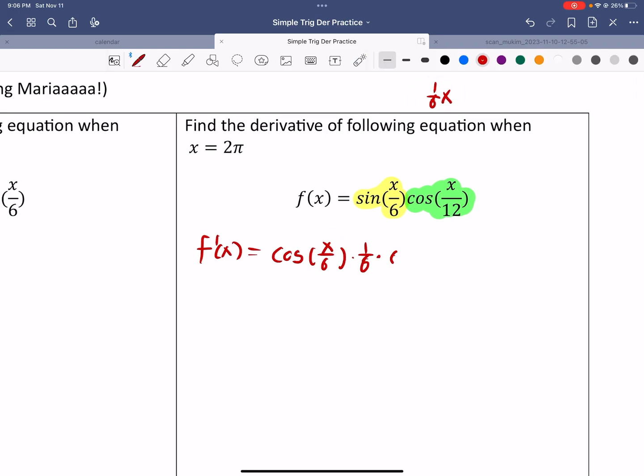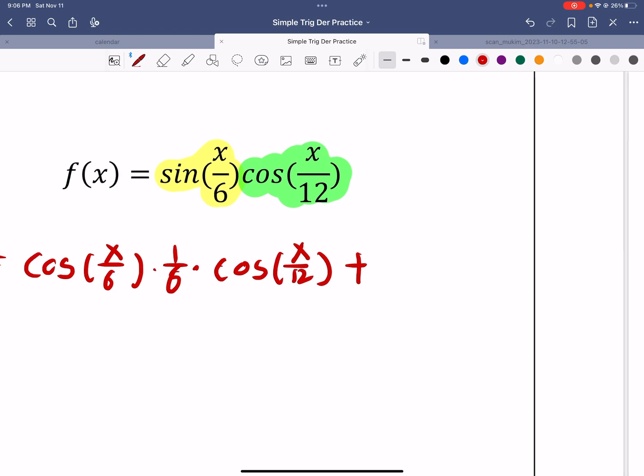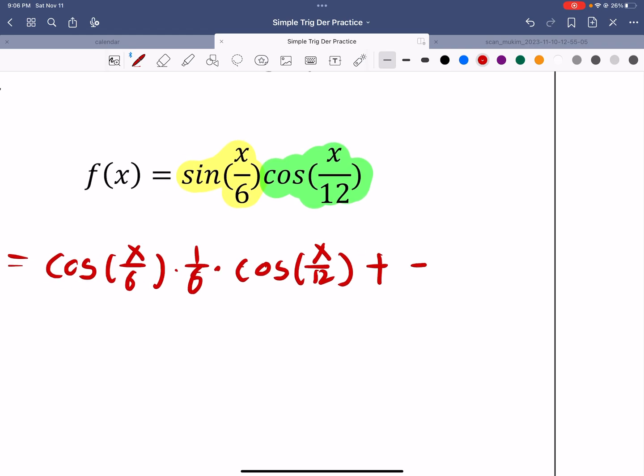Times, let me copy this one, cosine x over 12, plus the derivative of cosine, which is negative sine x over 12 times 1 over 12, times sine x over 6.